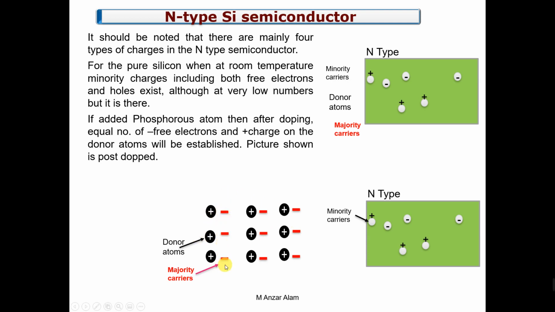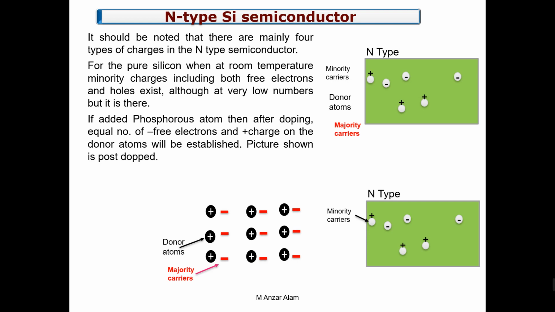Remember, the free electrons are free to move from here to here, anywhere. But this charge is not allowed to move, because it is the positive charge on the phosphorus nucleus, which now has more protons than electrons since it has lost one electron.